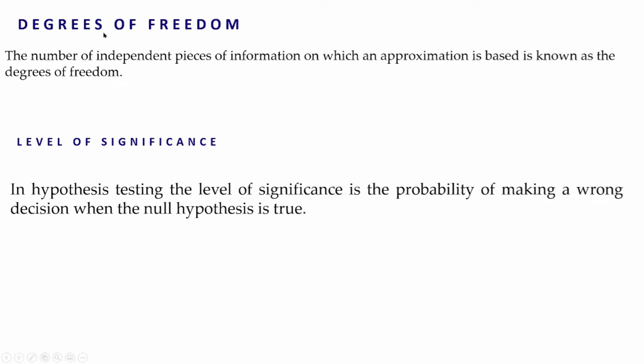Next we have the degrees of freedom. Degrees of freedom is the number of independent pieces of information on which an approximation is based. Let us take an example. Say we want to find 4 natural numbers whose sum is 10.